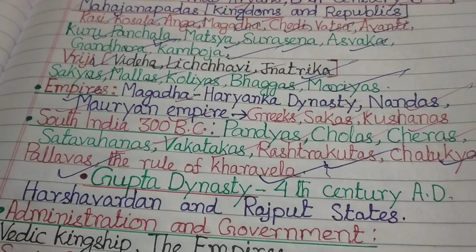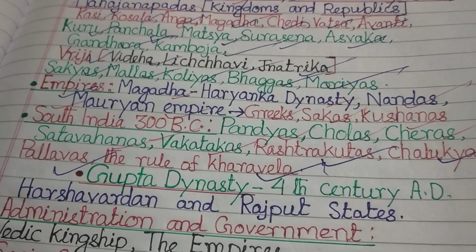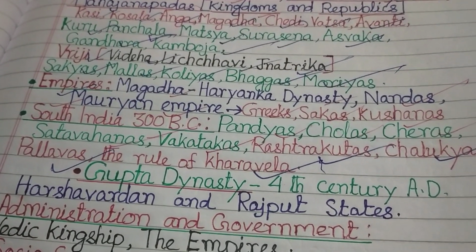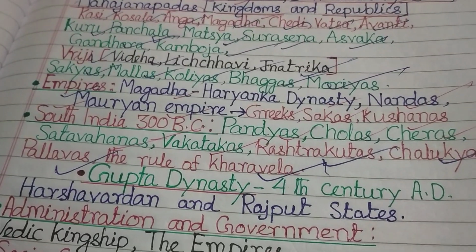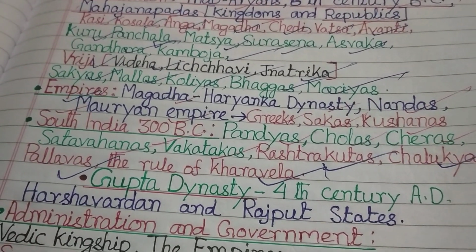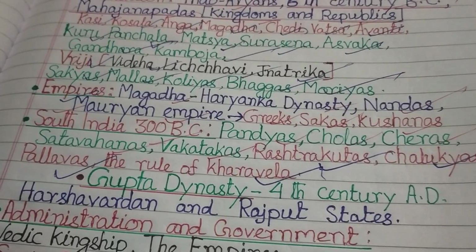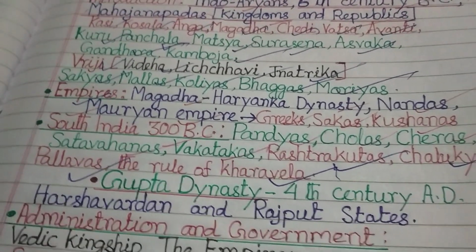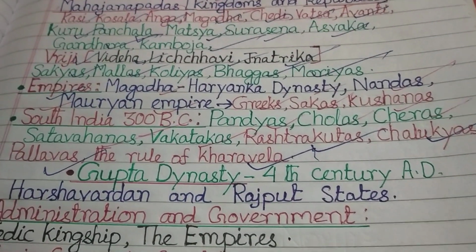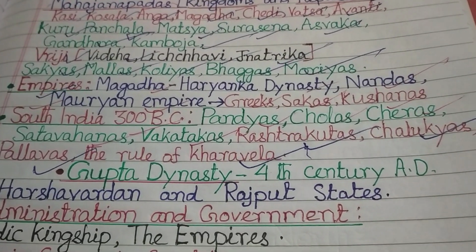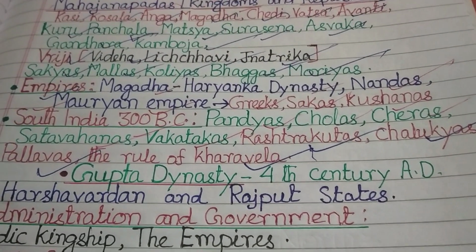The last rose to power in the 3rd century with their capital at Kanchi. A strong kingdom had arisen in Kalinga in the 1st century BC under the rule of Kharavela.